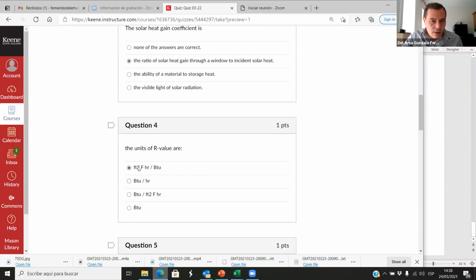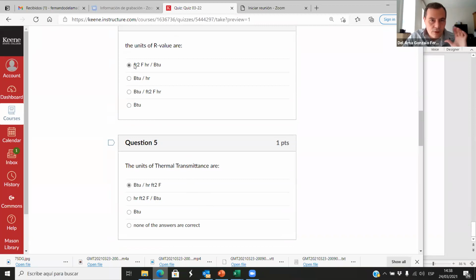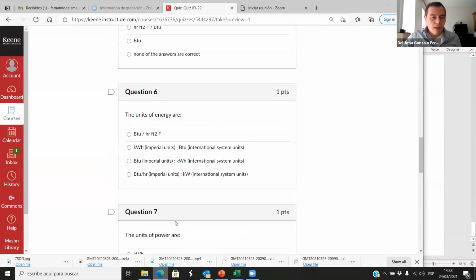We have these units: feet square, Fahrenheit, hour divided by BTU. But the units of the thermal transmittance are inverse. So it's BTU divided by hour, feet square, and Fahrenheit. Okay, so you don't have to think about this. If you see these units, this is thermal resistance. If you see the inverse units, this is thermal transmittance. So you have to internalize these units.